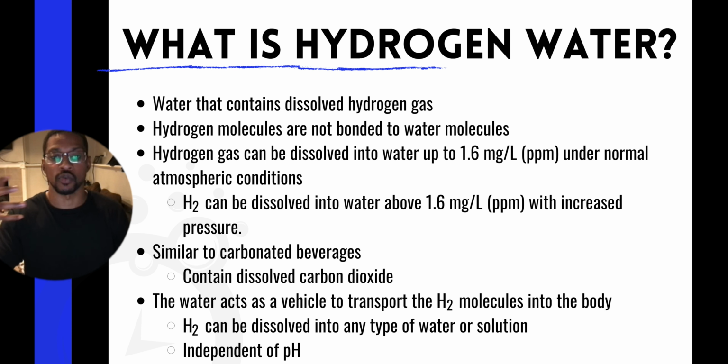You're supersaturating the hydrogen in the water above its normal saturation point, which is 1.6 milligrams per liter, or ppm. In fact, there are several products that can dissolve hydrogen gas up to 5 ppm, or up to 6 or 8 or 9 or 10 milligrams per liter. It just depends on the pressure.